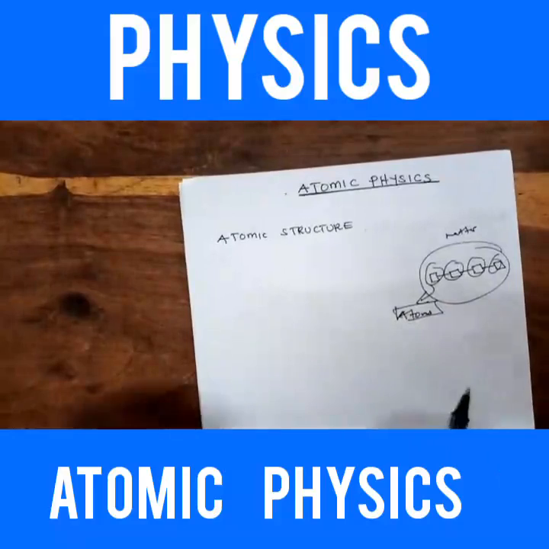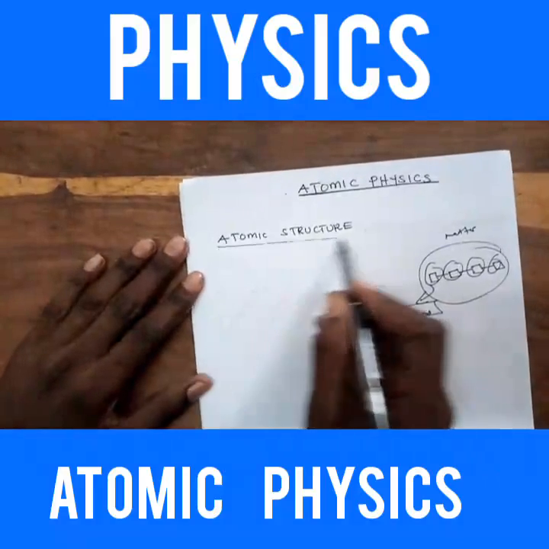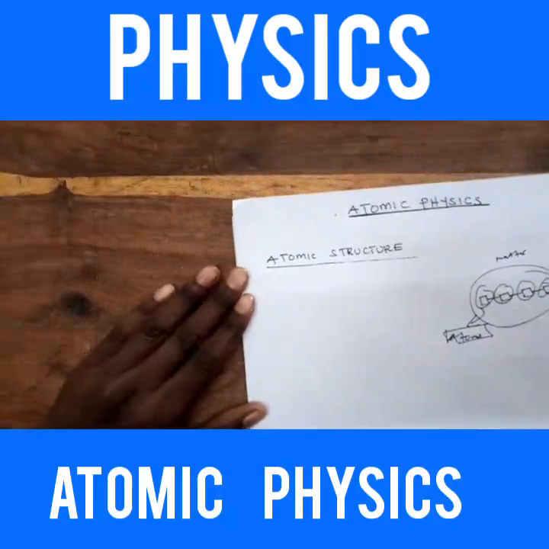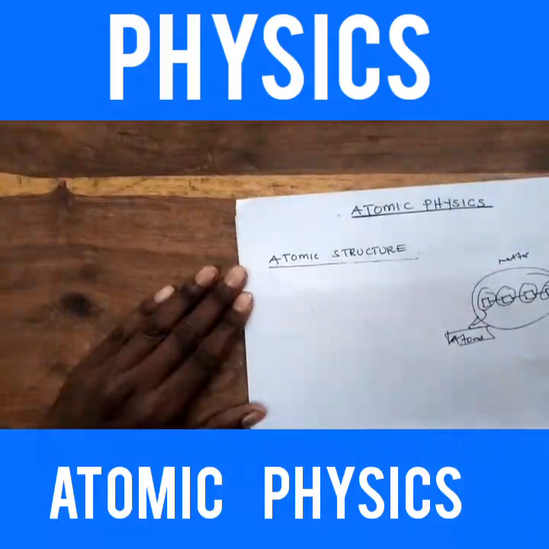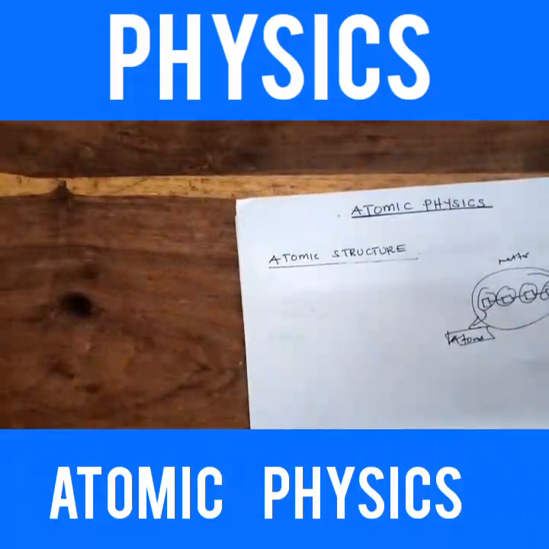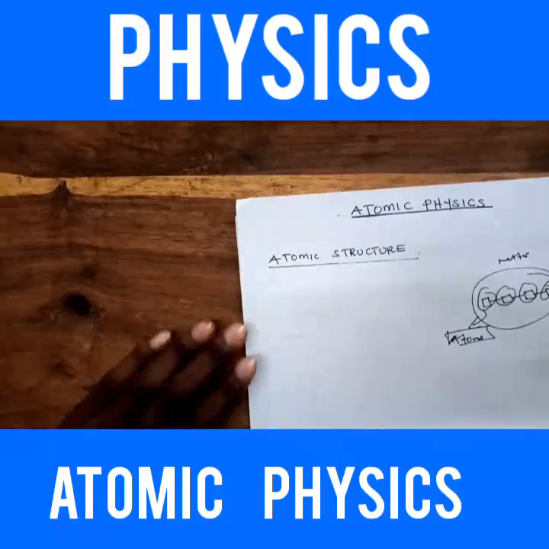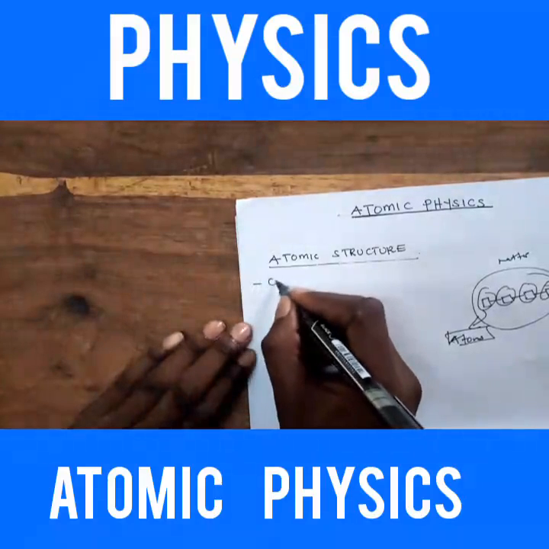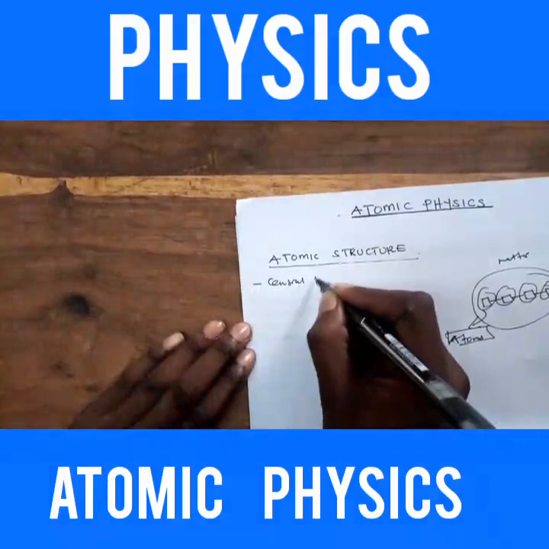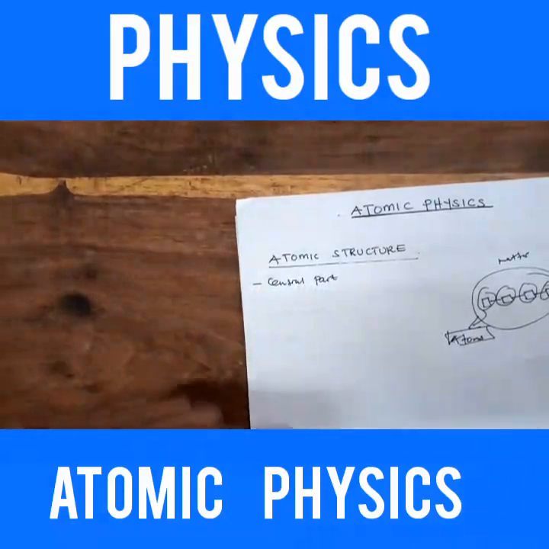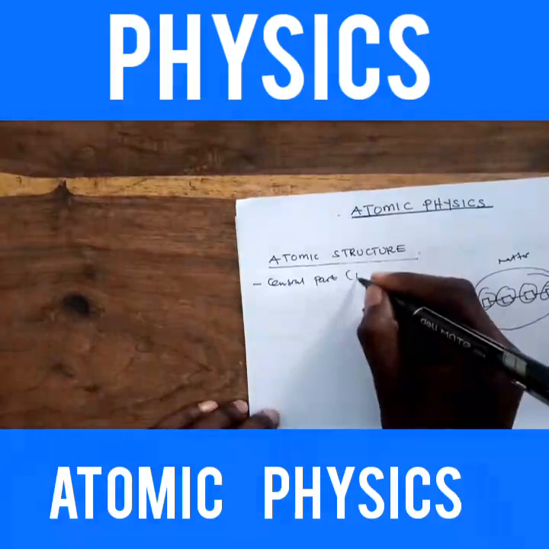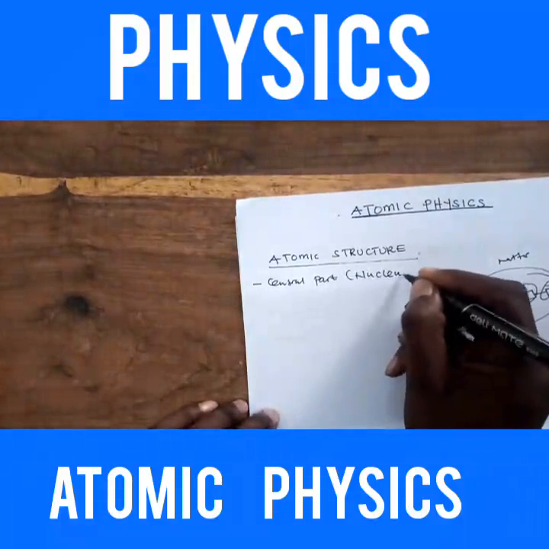Now we want to look at the structure of these atoms. What you need to know about the structure of an atom is that an atom has two sections. It has the central part. This central part of an atom is called the nucleus of that particular atom.